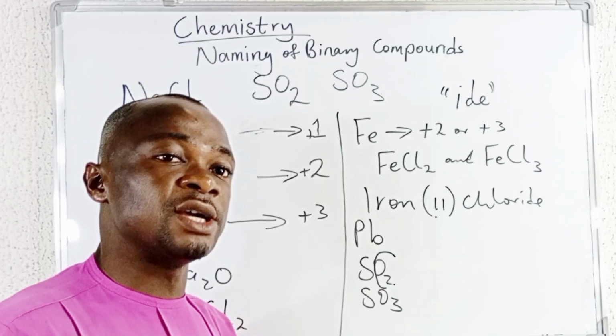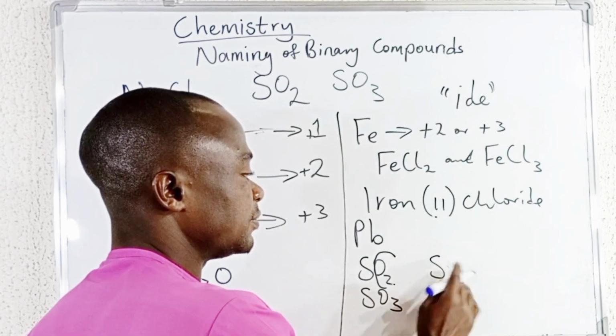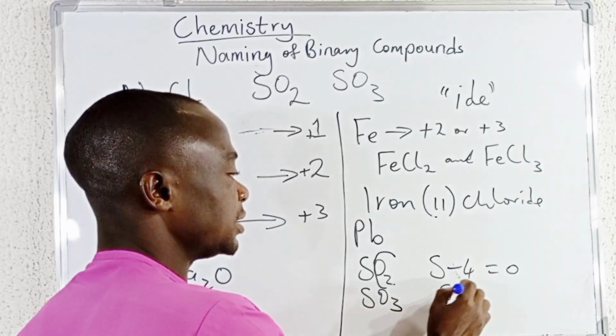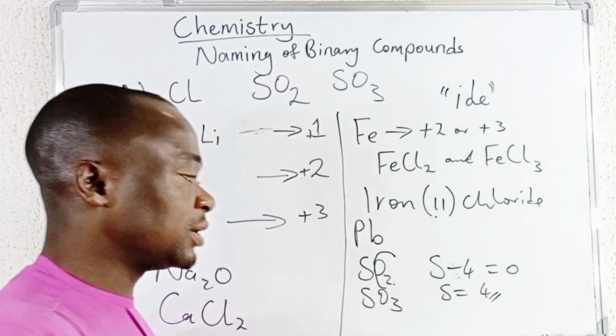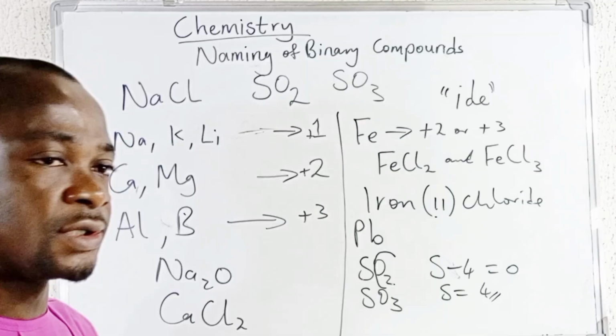Minus 2 times 2 is minus 4. So we have S plus minus 4. The total oxidation of any compound is equal to 0. So our S is equal to 4. That's why this one is sulfur 4 oxide and this one is not sulfur 6 oxide.